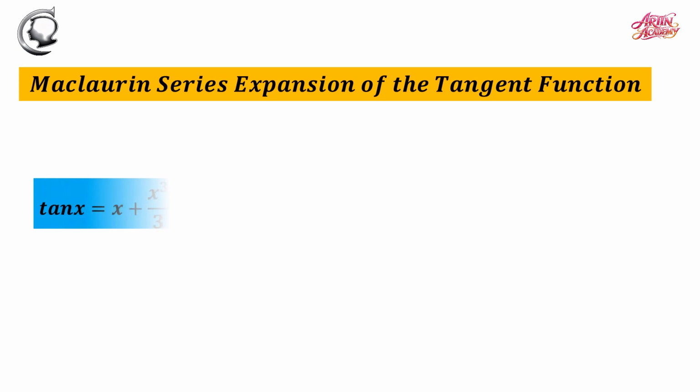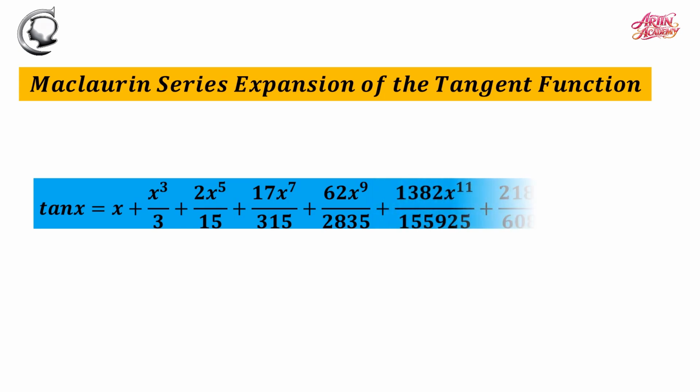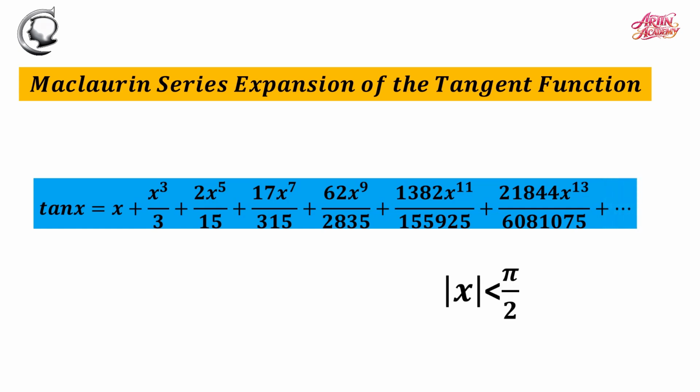Tangent of x equals x plus x cubed over 3 plus 2x to the 5th over 15 plus 17x to the 7th over 315 plus 62x to the 9th over 2835 plus 1382x to the 11th over 155,925 plus 21,844x to the 13th over 6,081,075.